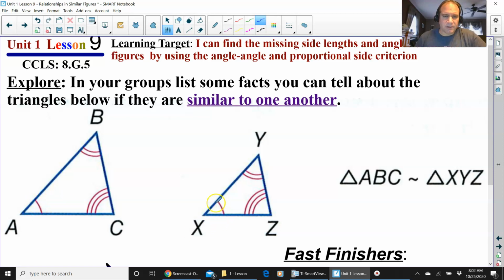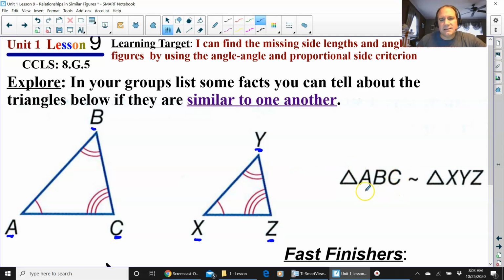It says one part of the circle there? That means A and X are congruent to each other. Angle A and angle X are congruent. B has two parts of a circle. Y has two parts of a circle. So that means that B and Y are congruent. While Z has three parts of a circle and C has three parts. So that means that C is congruent to Z.